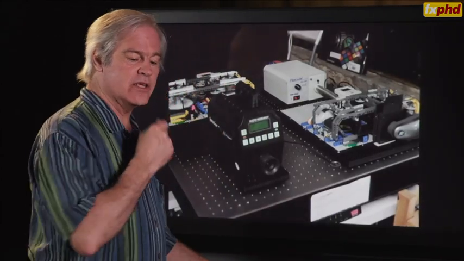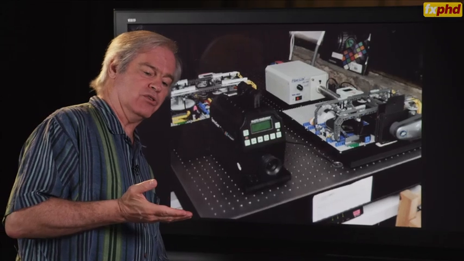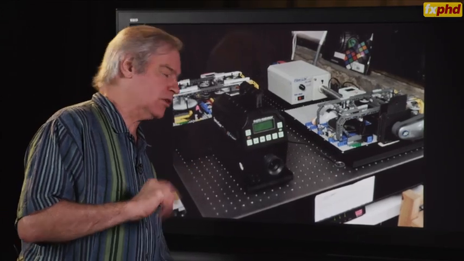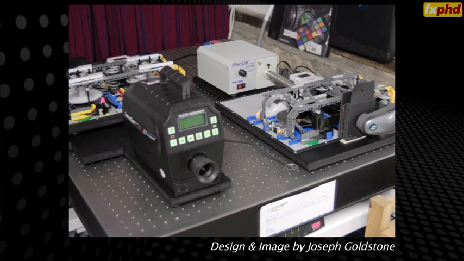Now, to do the measurements on film is not easy. Here's a machine built by my colleague and friend Joseph Goldstone, who built this literally or figuratively in his garage out of Lego. And he's no longer on his own. He works for ARRI now.